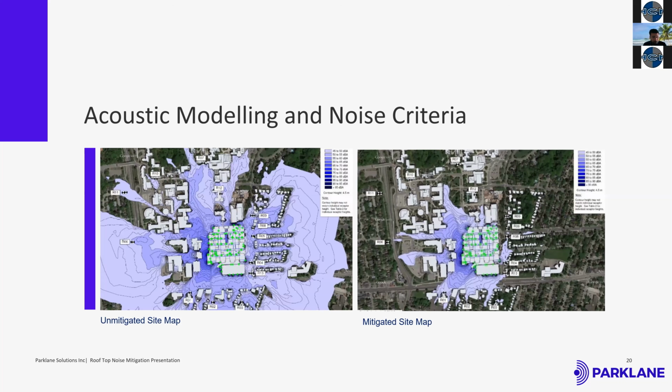And then they take all the information, all the noise sources that they measured on site, and put it in an acoustic model. The model will spit out information on how much noise is being distributed all around the neighborhood, and it will also tell you the expected noise levels at the neighborhood.